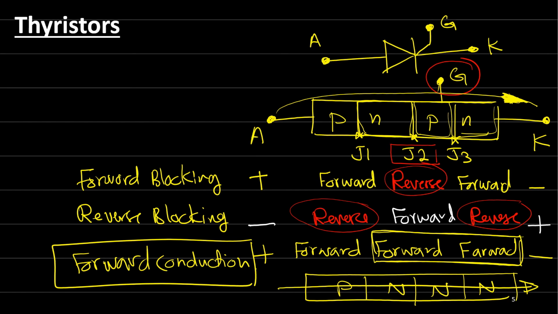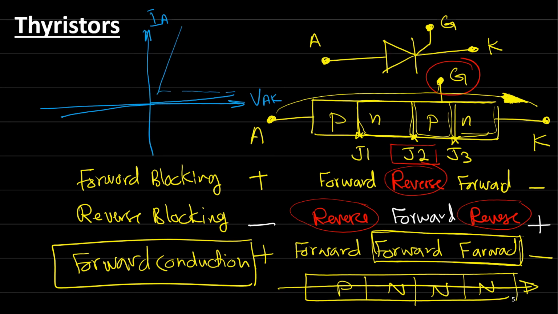If we try to draw the characteristic curve for this thyristor, here we have the current and voltage. Generally, the thyristor will be blocking in both directions, positive and negative, but if we apply a gate signal here, what happens to the thyristor? It will be on, so the current is flowing in the thyristor.